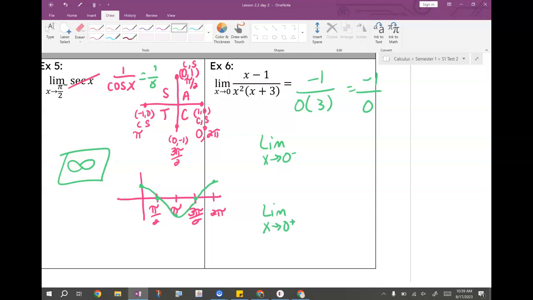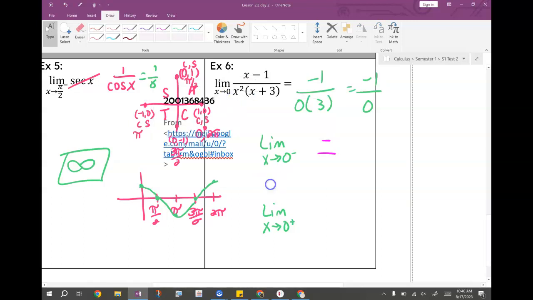All right, so look on top. If I plug in a negative anything into there, what's my top going to be, positive or negative? It's going to be a negative. If I plug in negative anything into an x squared, what is that going to do?